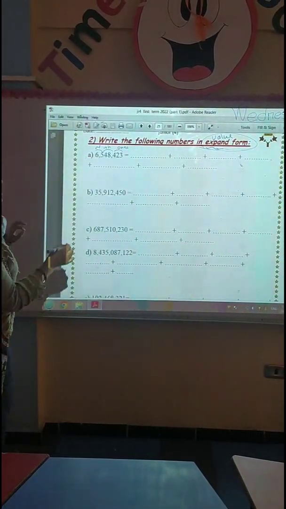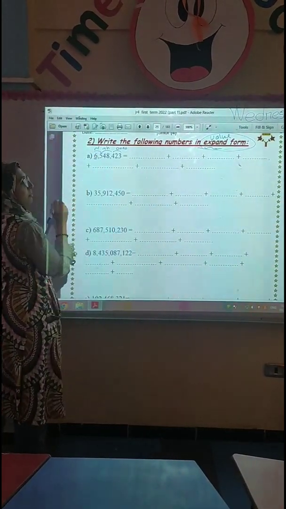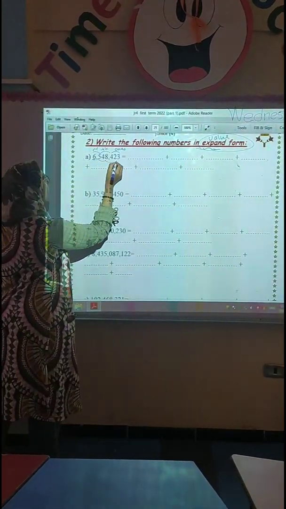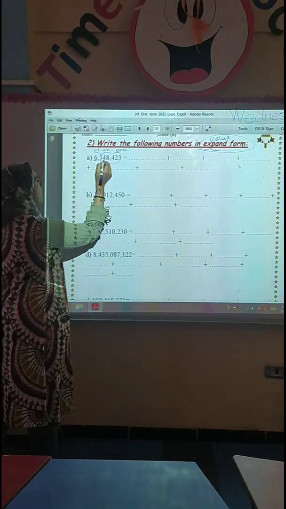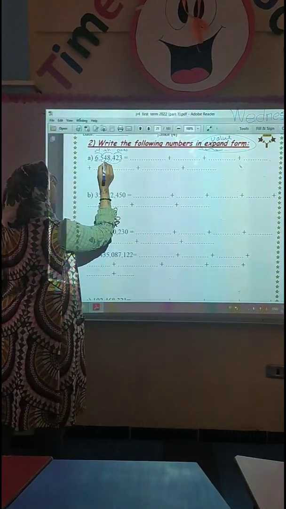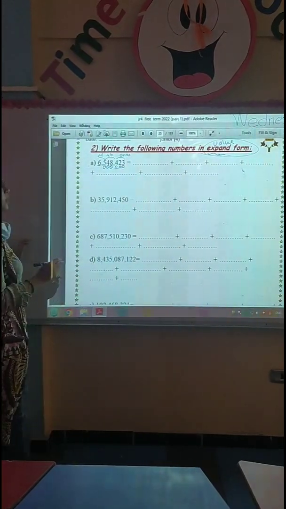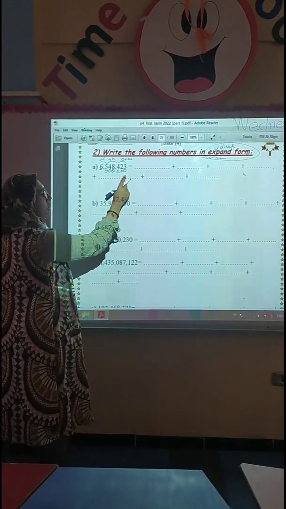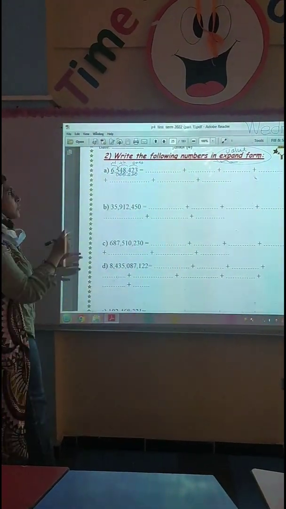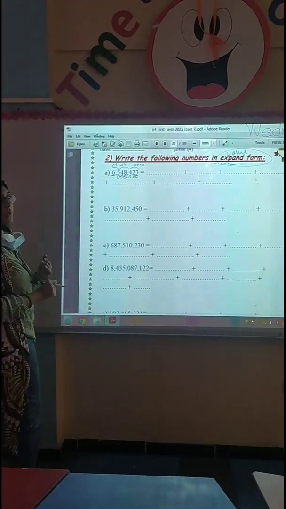Now the trick here is this is the 6 in the millions. The million in front of it, how many numbers? 1, 2, 3, 4, 5, 6. So it means 6 zeros in front of the million. If you didn't remember how many zeros for the million, you can count how many numbers in front of the number.